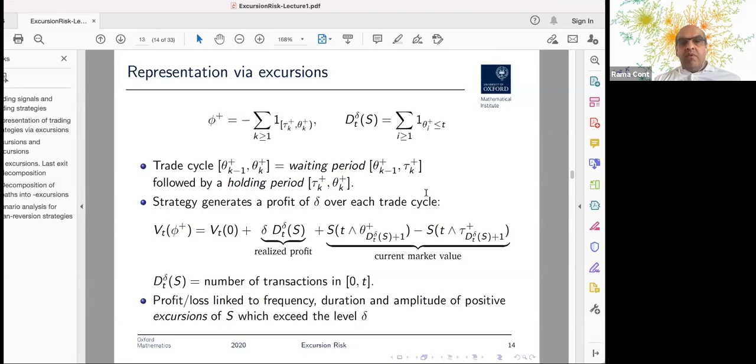So as you can see from these expressions, the profit or loss, the frequency of transactions, the duration of the holding period, the amplitude of the loss, etc., will be linked to the properties and the structure of these excursions of S, which exceed the level delta. So this is fairly obvious from this example.